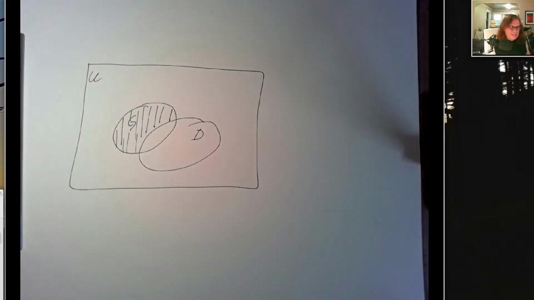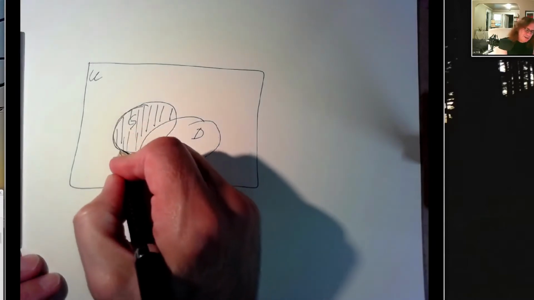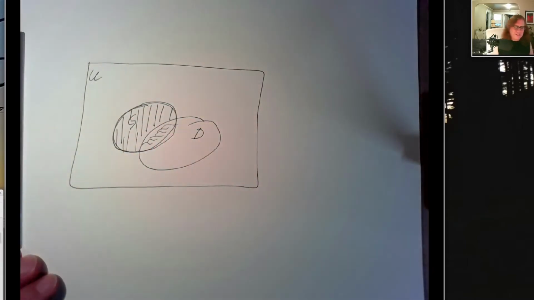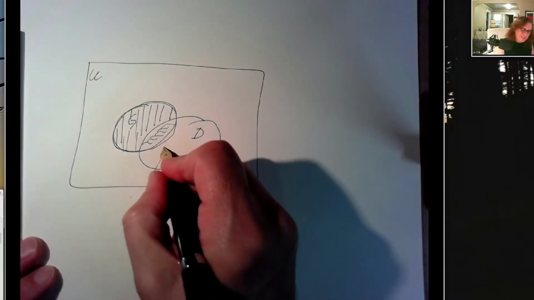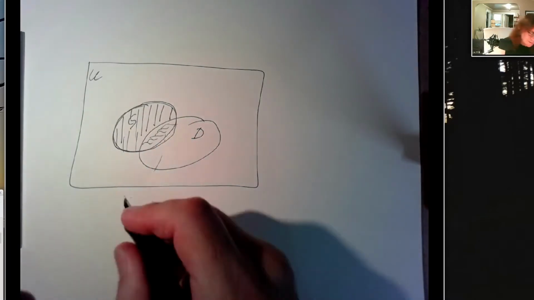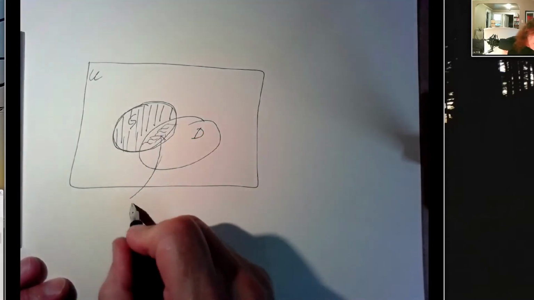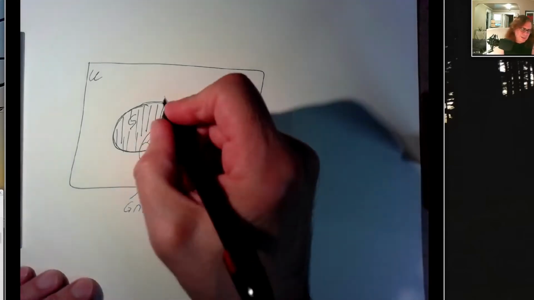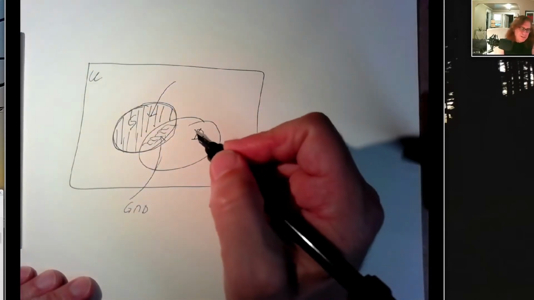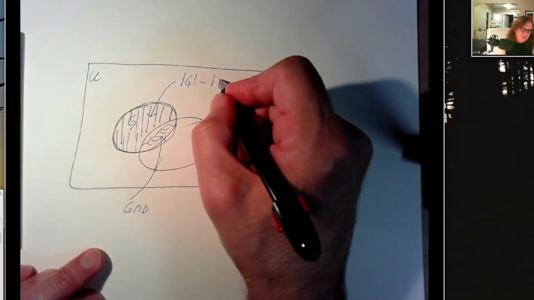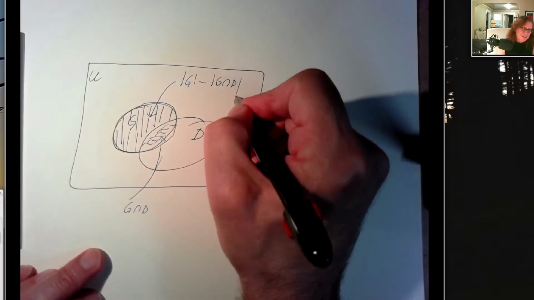And we can see that's equal to the number of things in all of G minus the number of things in this funny ellipse piece. Well, this funny ellipse piece right here is what? This is the intersection of G with D. So the number of things in this piece would be the total number of things in G minus the number of things that we're taking out of here.